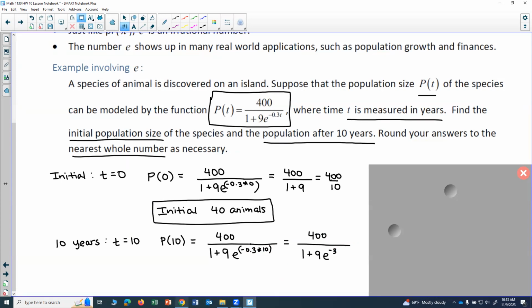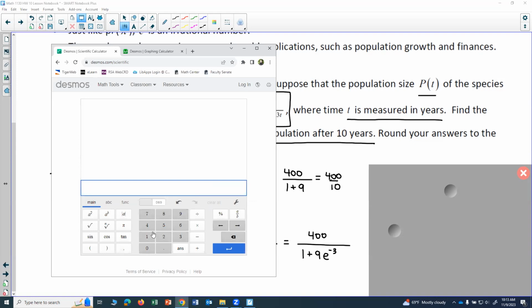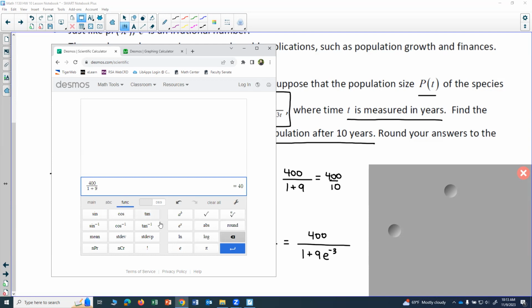So I'm going to go ahead and plug that into my calculator. So I have 400 divided by 1 plus 9e, and to get to the e, I'm going to go to function here.